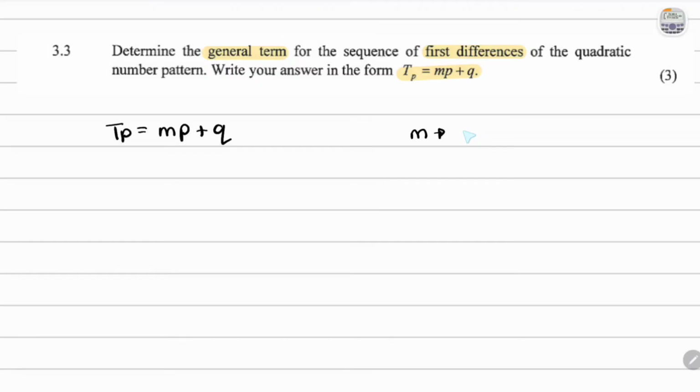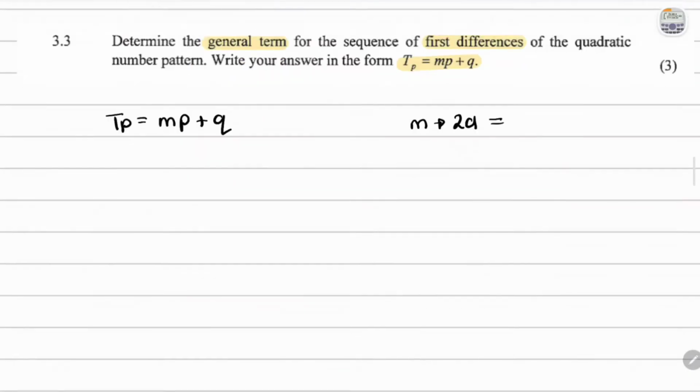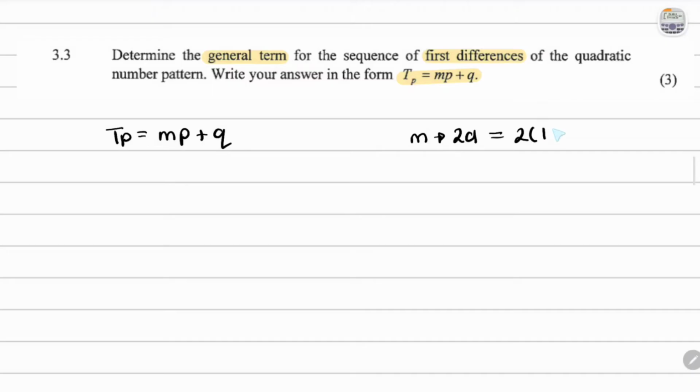So that is that constant difference, which we know as 2A. Now we already know what A is in our pattern. A, the value in an squared plus bn plus c, A is 1. So we'll say 2 times 1, and that's what's going to give us the difference.